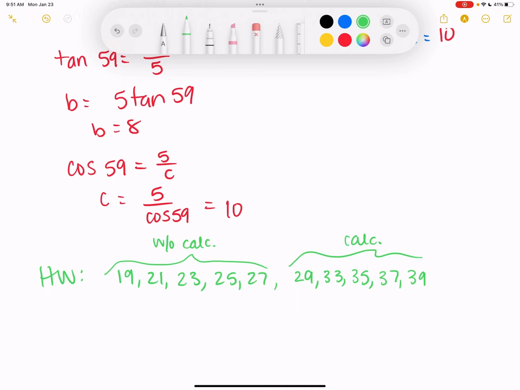And then the other problems, it's also technically without a calculator, but it's just, again, reading off the unit circle, is 41, 43, 45, 47, and then some of the triangle problems, I'm going to give you 2 that are already set up for you and you're just finding the one piece, so 51 and 53, and then only 1 where you have to find everything, 57.